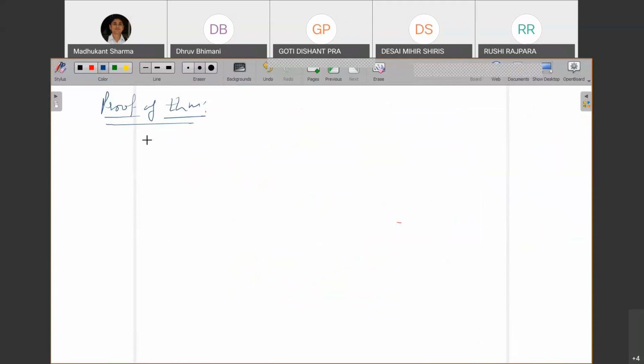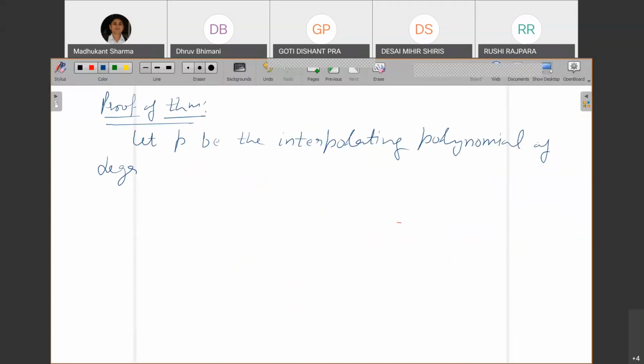Let p be the interpolating polynomial of degree at most n minus 1 that interpolates f at x0, x1, and so on up to xn minus 1.